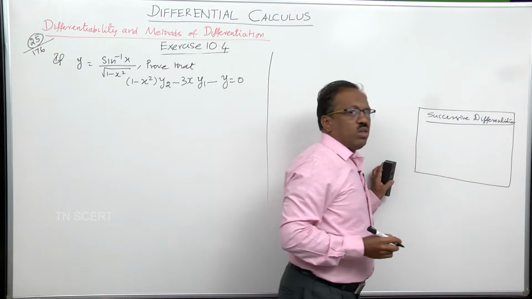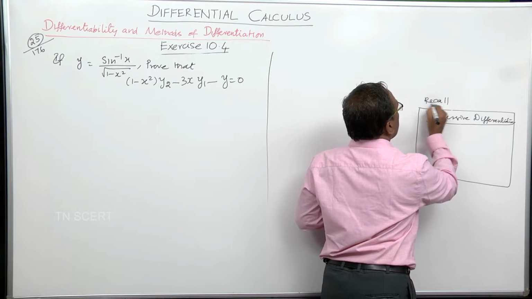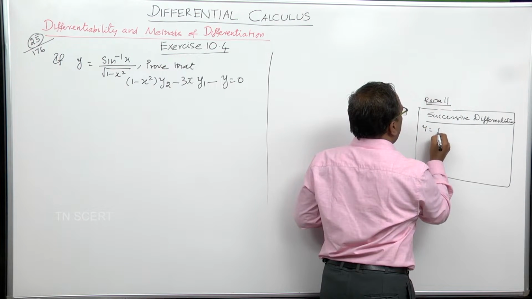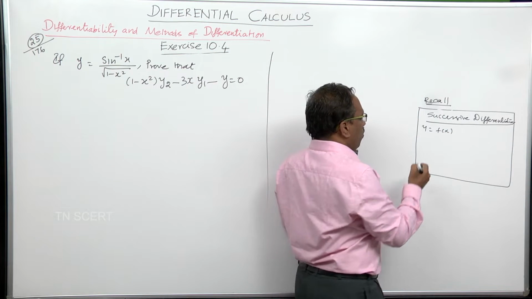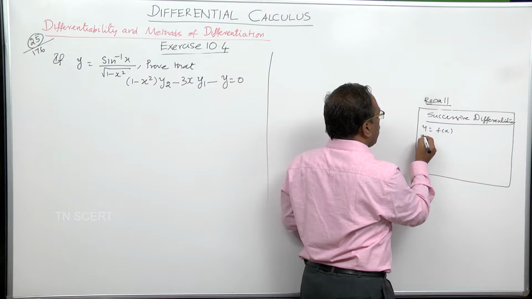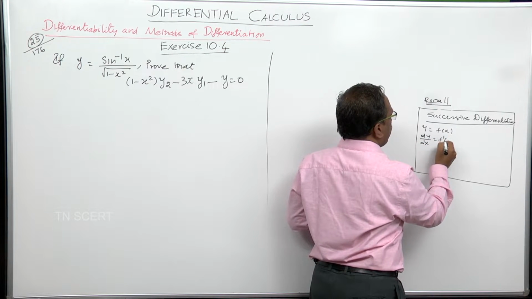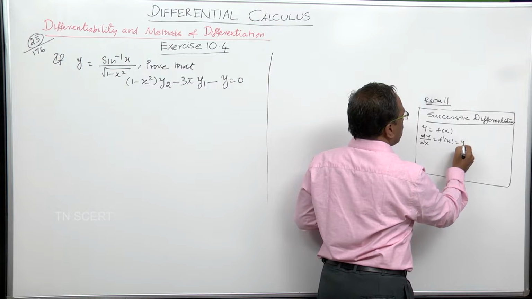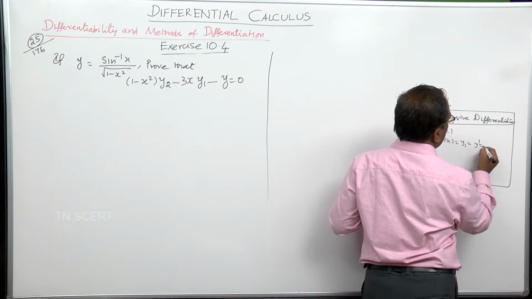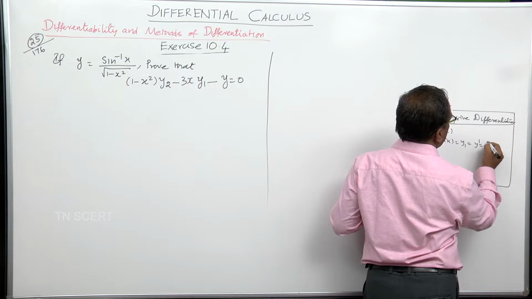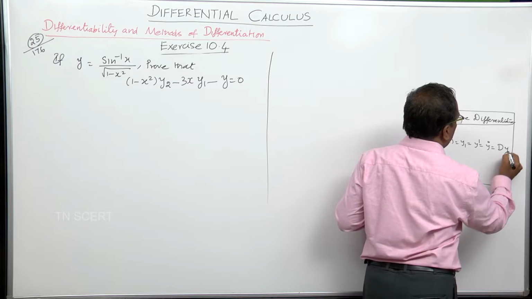Successive differentiation: any function y is equal to f of x, while you are differentiating, we may call it dy by dx, that is f dash of x. In other words, it is y1, y dash, or capital D of y.